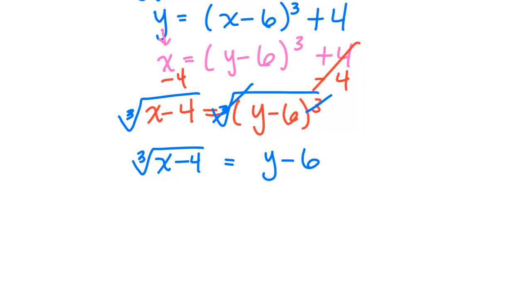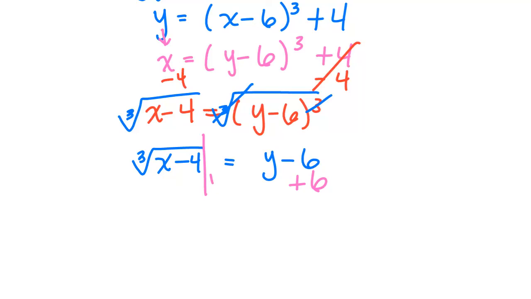And then what's the last thing here? To get the y by itself, we do what? Add 6 to each side. But this is where I saw like a few of you messed up here. Remember this, under the radical, I cannot do anything. So this is like basically done there.